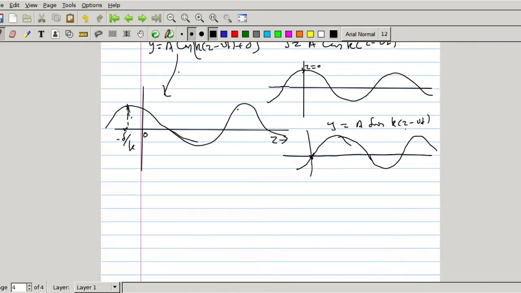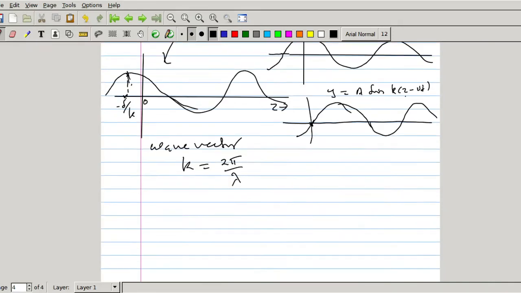So this represents the wave y equal to a cos k into z minus vt, and this is a harmonic wave. The wave vector k related to this wave can be written as 2 pi by lambda.